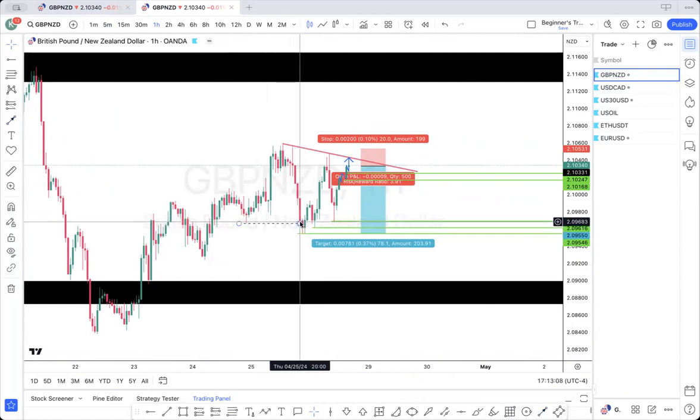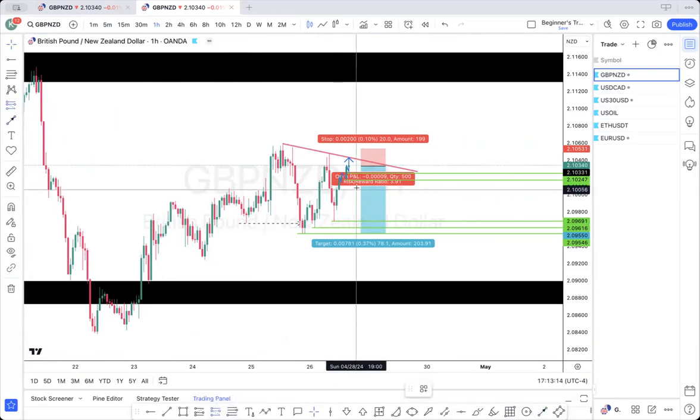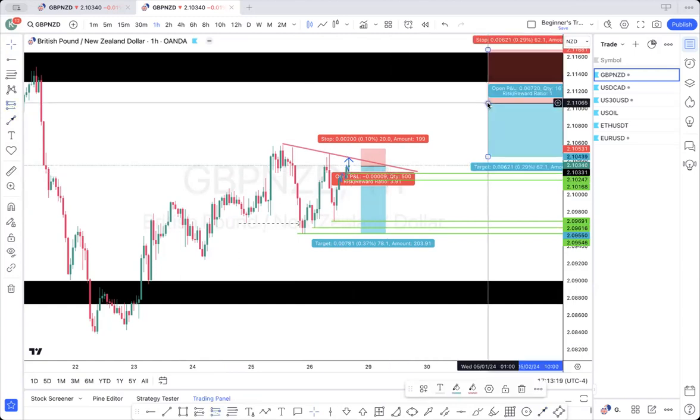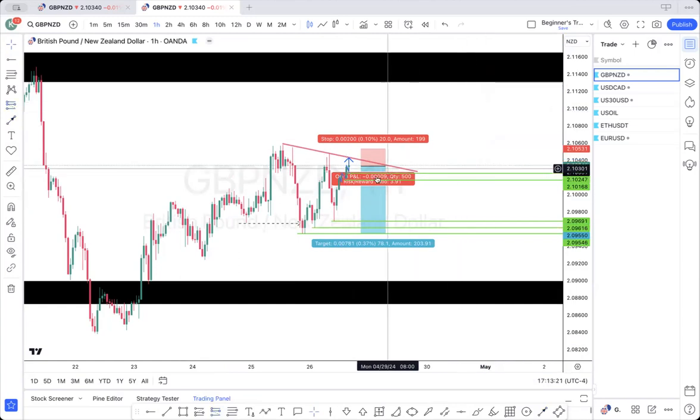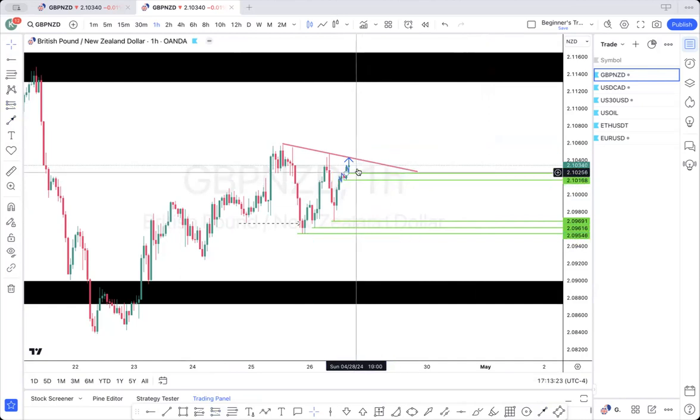I look for the candle close. So when price broke there, I was looking for price to come back to... let me move this out of the way.